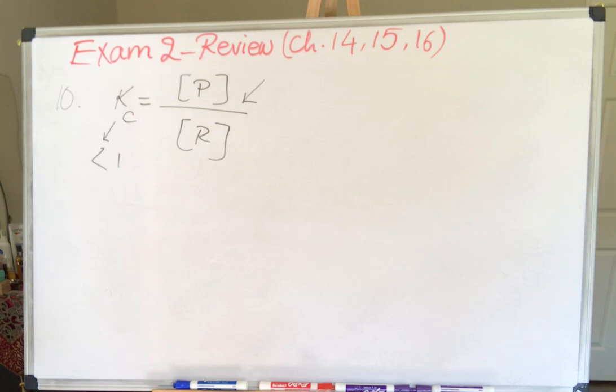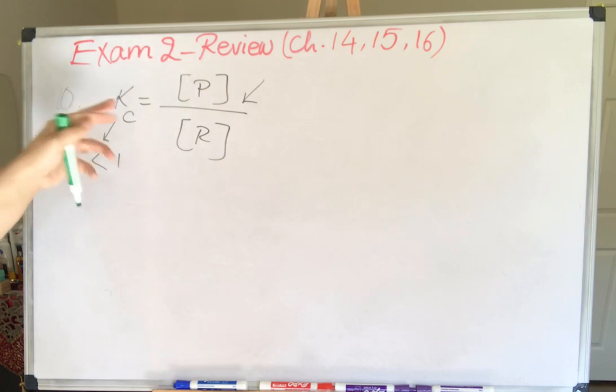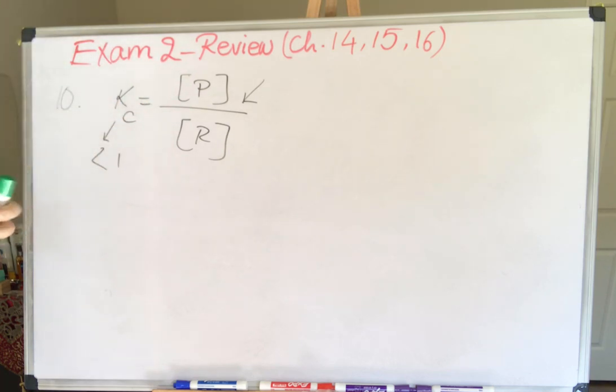B says contains mostly products at equilibrium. C says the rate of reaction is very slow, and D says the moles of reactants and products are relatively similar at equilibrium. We cannot say the reaction rate is slow because equilibrium is when the rates of forward and reverse reactions are equal to each other.